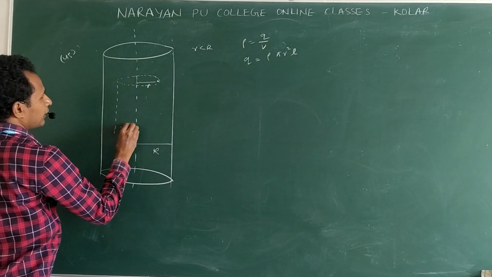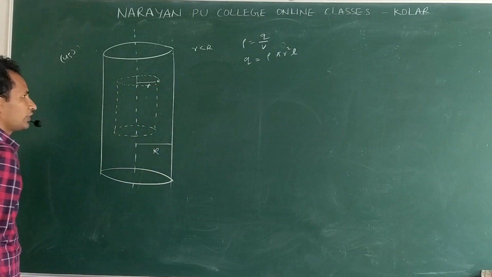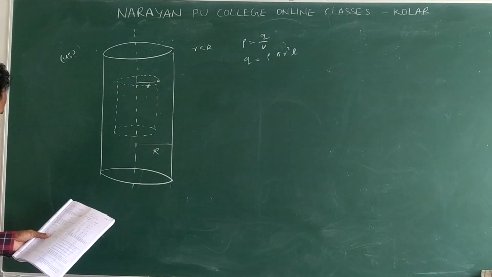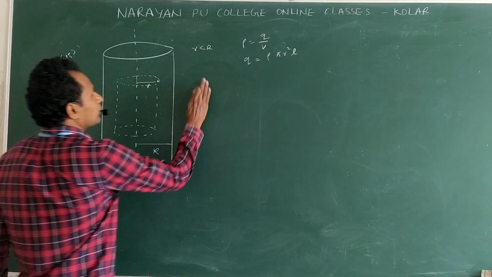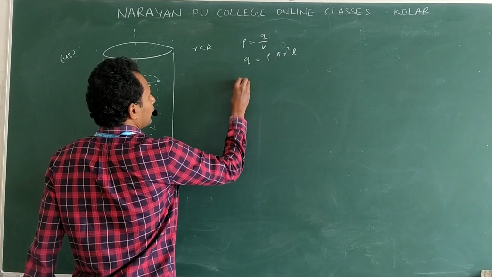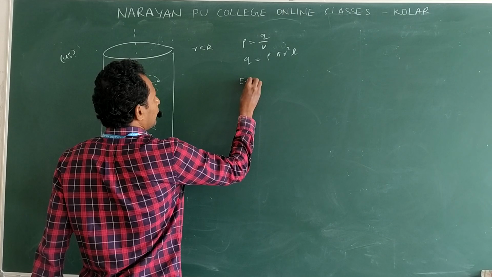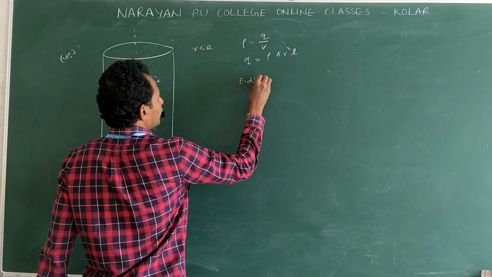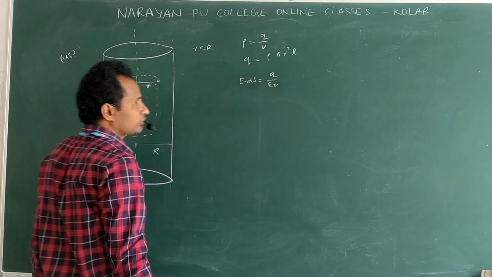Draw one cylindrical Gaussian surface, then the electric field. What is that? Gauss law, E dot ds is equal to Q by epsilon naught.